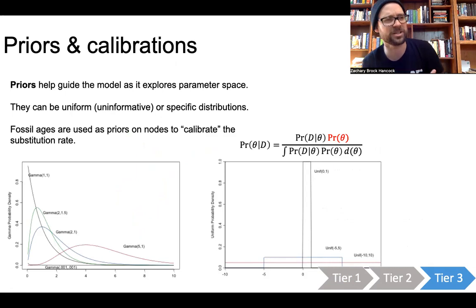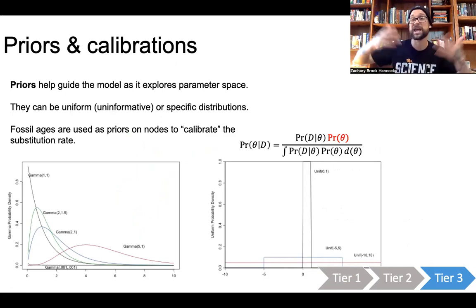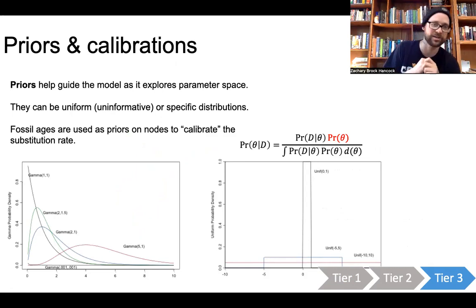The way you can think about this is imagine one of the parameters is the mutation rate, and we want to estimate the mutation rate. What we know is the mutation rate is not 1 out of 10, right? That would be an incredibly fast mutation rate that no organism ever shows. More likely, the mutation rate is like 1 out of 1,000 or 1 out of 1,000,000 or 1 out of several million. The mutation rate is some very, very small number.